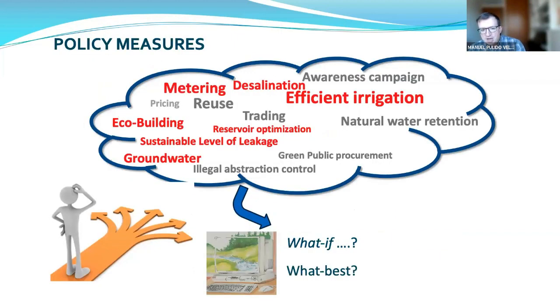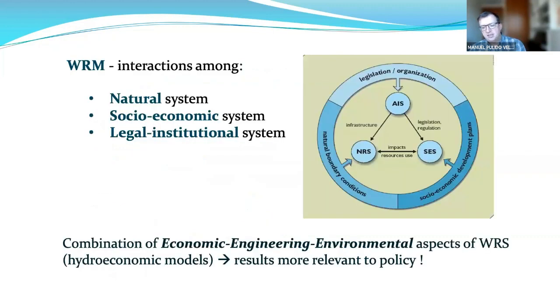And what to do with such a broad range of alternatives? So how to select the best pathway of solution of adaptation? We really need to do that using computer models that will help us to define what-if scenarios and to try to find what best solutions to apply to the different problems we face and the different challenges.